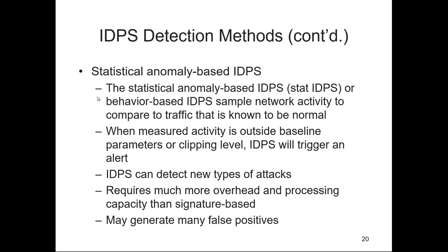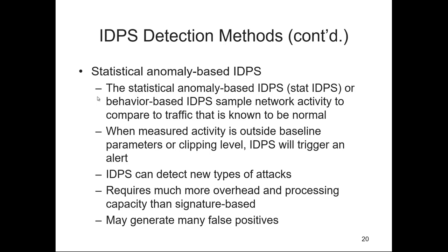Another method is statistical anomaly based IDS. The statistical anomaly based IDS or behavior based IDS periodically samples network activity, and using statistical methods compares the sampled network activity to traffic that is known to be normal, or the performance baseline.